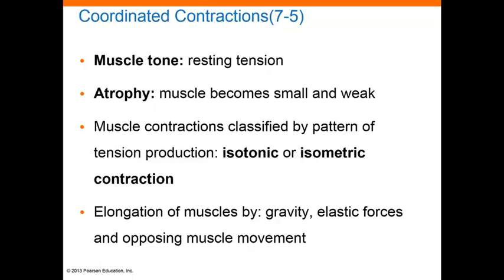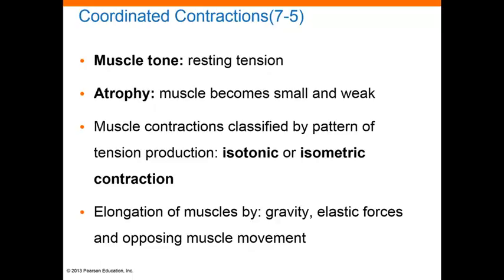Those muscles have atrophied. Muscle contractions are typically classified by patterns of tension and how those patterns of tension are produced. For example, isotonic contractions are when the length of a muscle changes, but the tension remains the same until relaxation. For example, when you lift that book, that's an isotonic contraction.